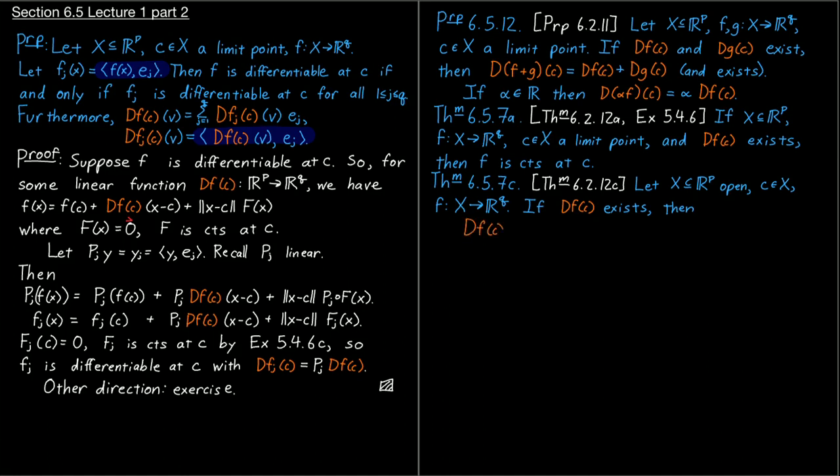df of c, if you evaluate that at the vector x, say, what you get is the sum from j equals 1 up to q, the sum from k equals 1 up to p, and then you can use partial derivatives.